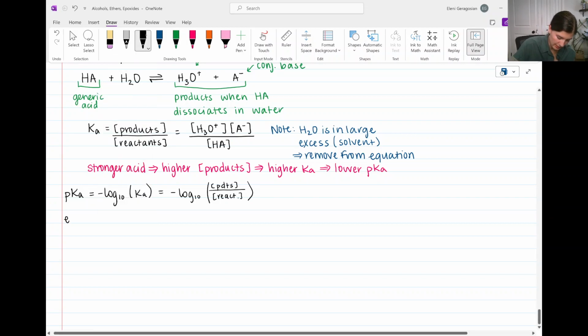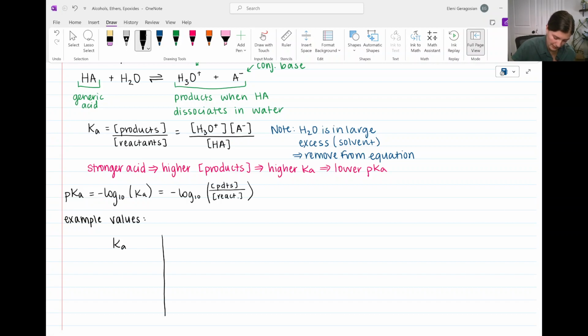So let's look at some example values. Let's make a table of just Ka and pKa's, and then we'll look at some real molecules and what actual Ka and pKa values are. So if we have a Ka that's really small, let's say 10 to the negative 7, that's 0.0000001.